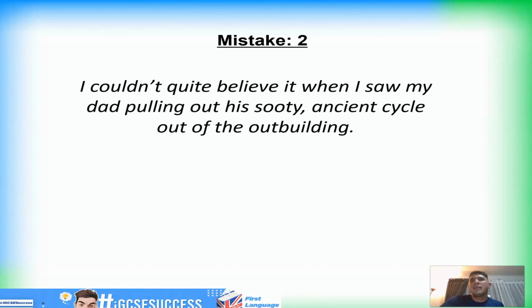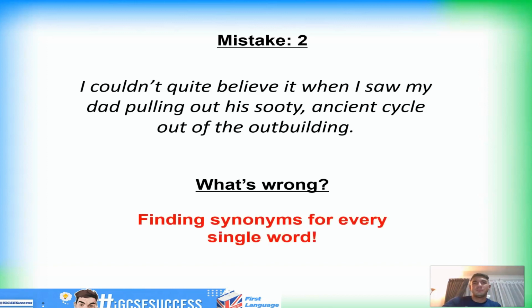I couldn't quite believe it when I saw my dad pulling out his sooty ancient cycle out of the outbuilding. What's wrong? I'll give you 5 seconds thinking time. Now this is something I also see an awful lot.